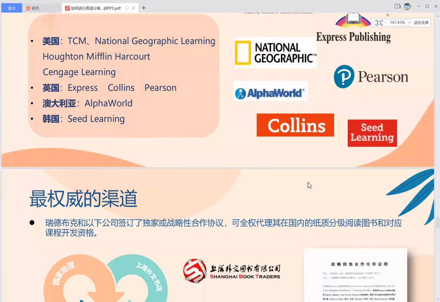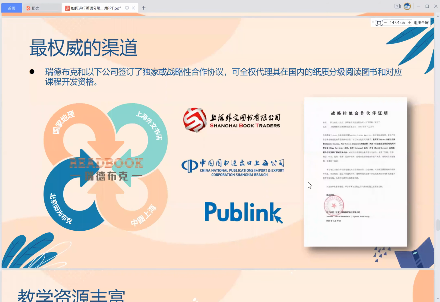And also, one very special phenomenon in China is that we have very strict supervision about foreign-named publishing books in China. So two companies, one is called Shanghai Book Traders, one is called China National Publication Import Export Corporation.